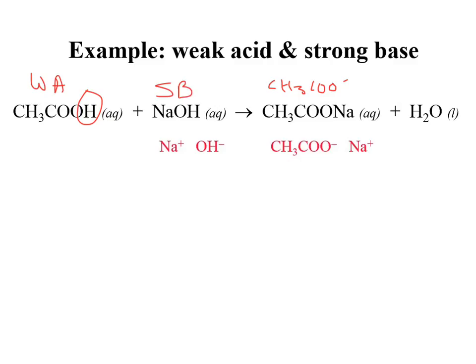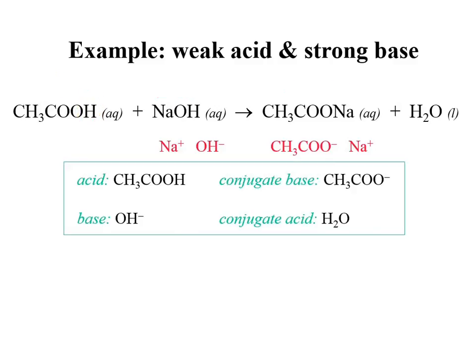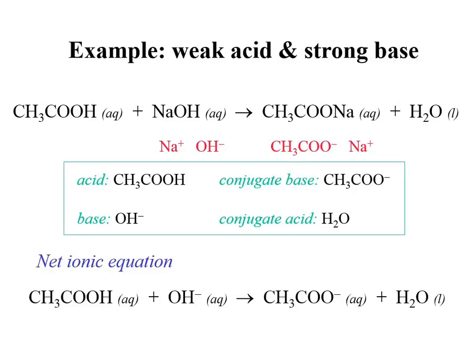And sodium hydroxide is a strong base. So we can look on either side of the reaction arrow for things that differ by a proton. You guys have definitely had some practice at this semester. Net ionic equation. So that's your weak acid, strong base.